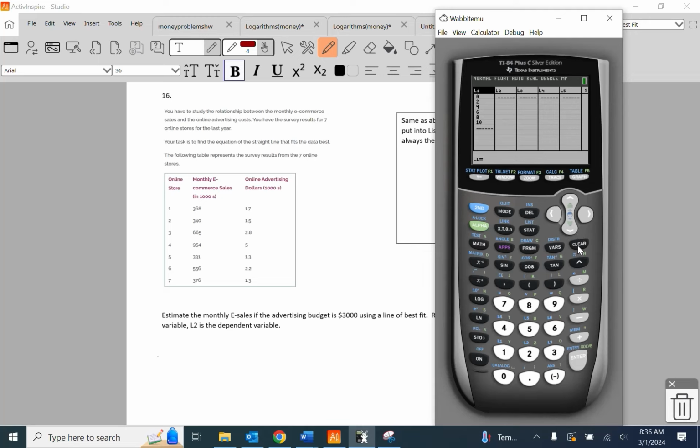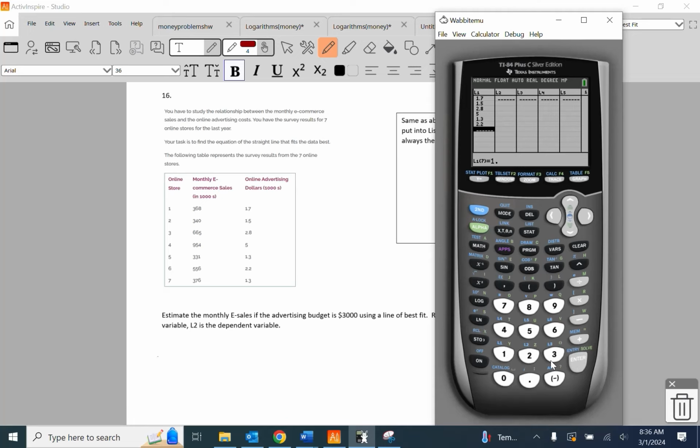So normally we put the first column in list 1, but this one's actually backwards. 1.7, 1.5, 2.8, 5, 1.3, 2.2, 1.3. This is in, I think, millions of thousands of sales. So 368 is actually like 368,000.